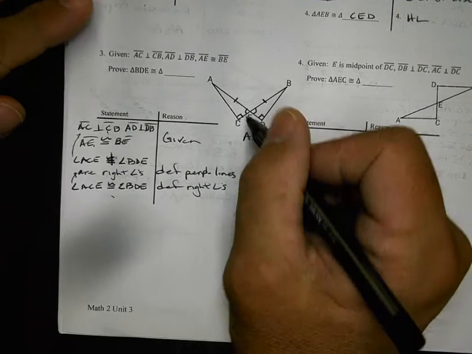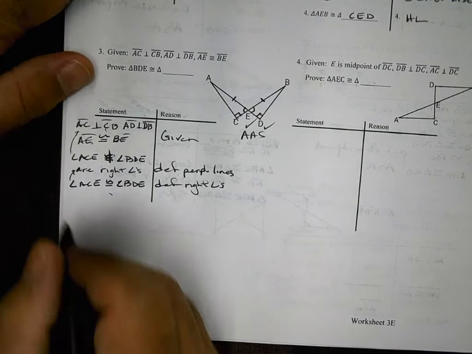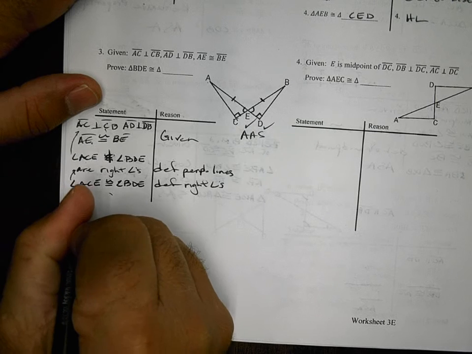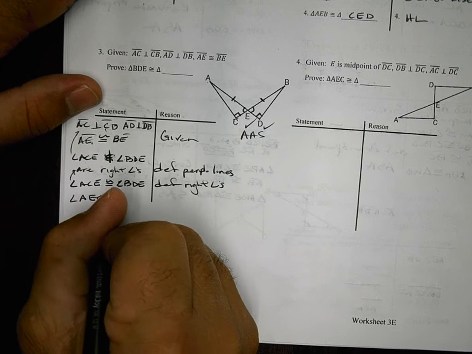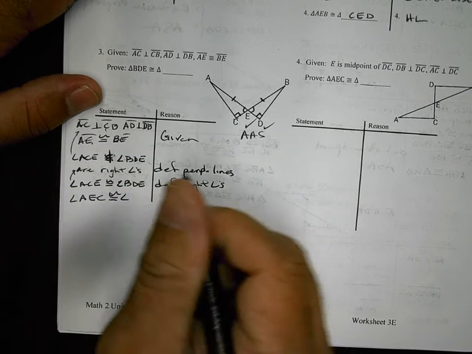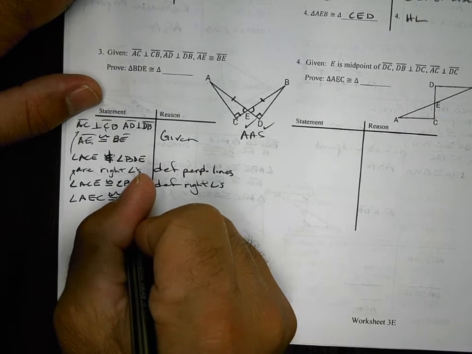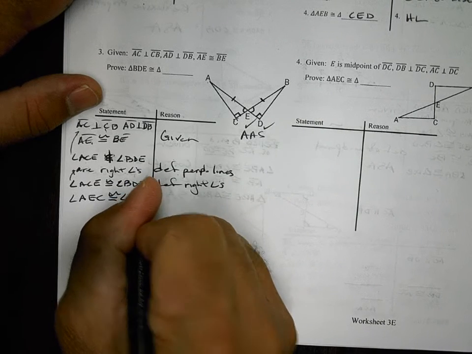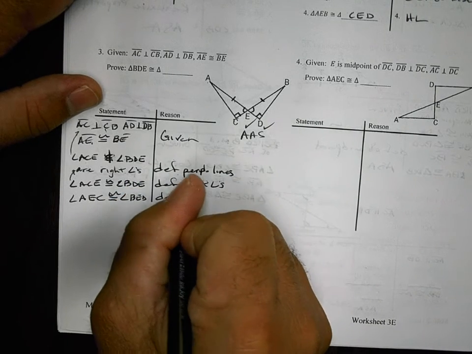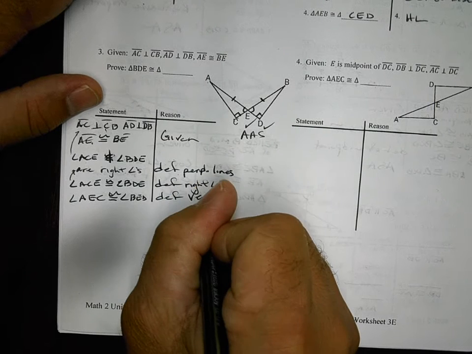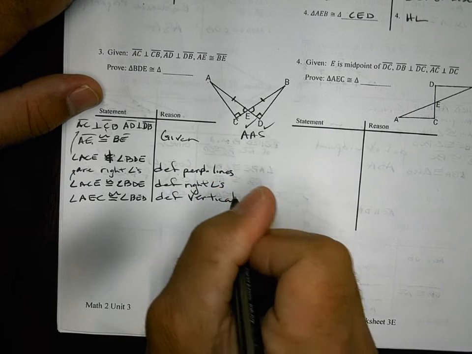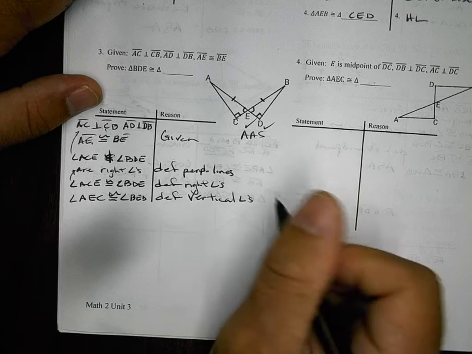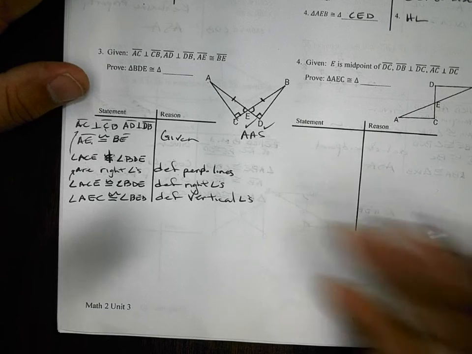Okay, so now we've got one of our angles. Now we just need to say that angle AEC is congruent to angle BED, and that is definition of vertical angles. Or I would accept vertical angles are congruent. That's perfectly okay.